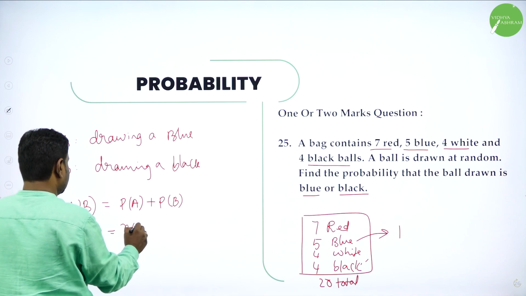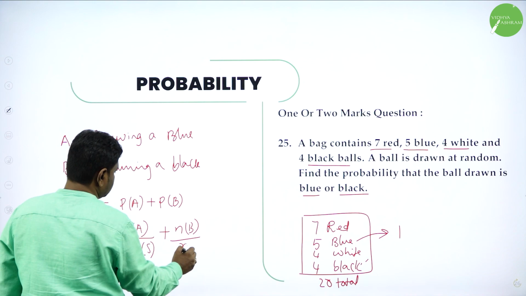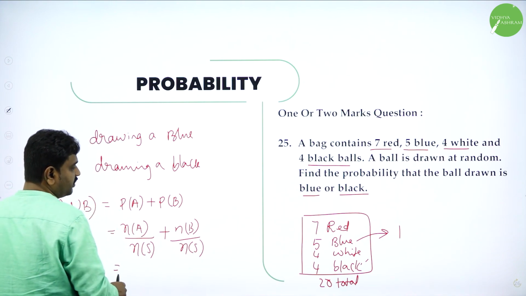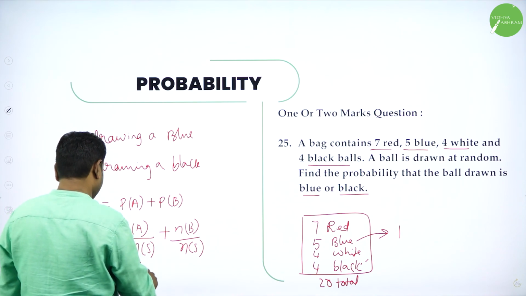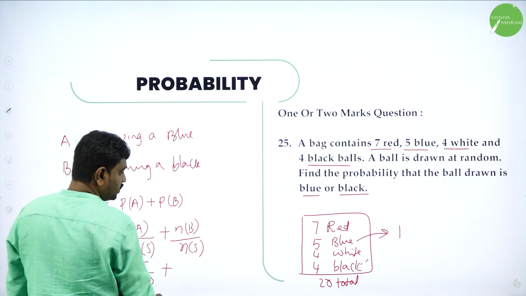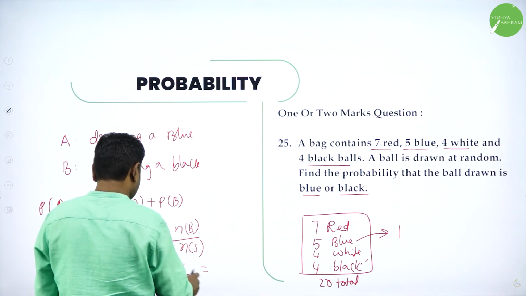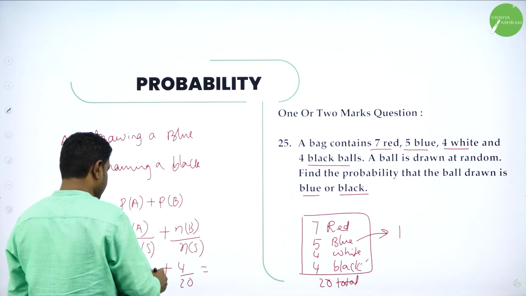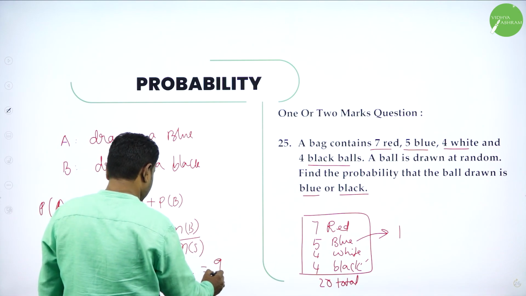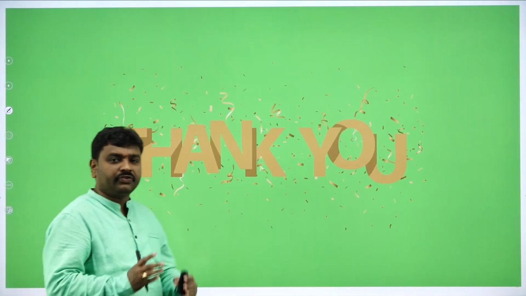So n of A by n of S plus n of B by n of S. What is n of A? A means drawing blue: 5 out of total 20. This is 4 out of total 20. That will become 5 plus 4, 9 out of 20. That's 9 by 20.